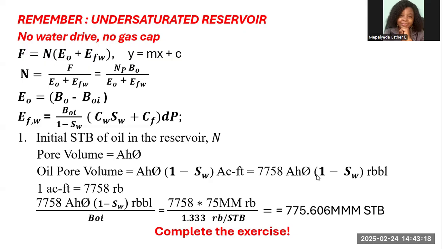Oil pore volume was given as 75 reservoir barrel. So from your estimation of your N, 7758 AH phi (1 minus SW) divided by your BOI, you have 775.606 times 10 to the power 9 STB.